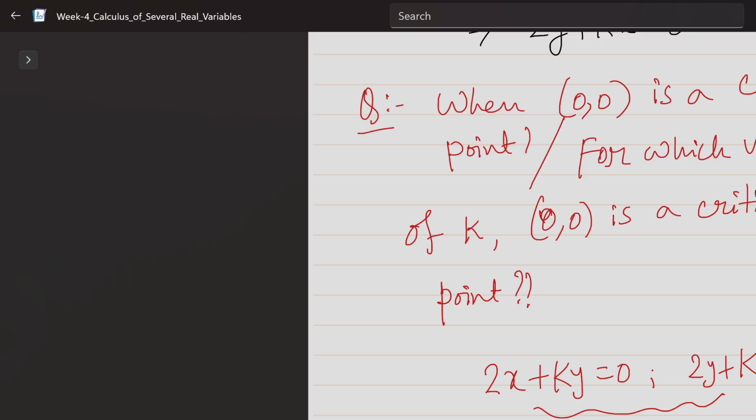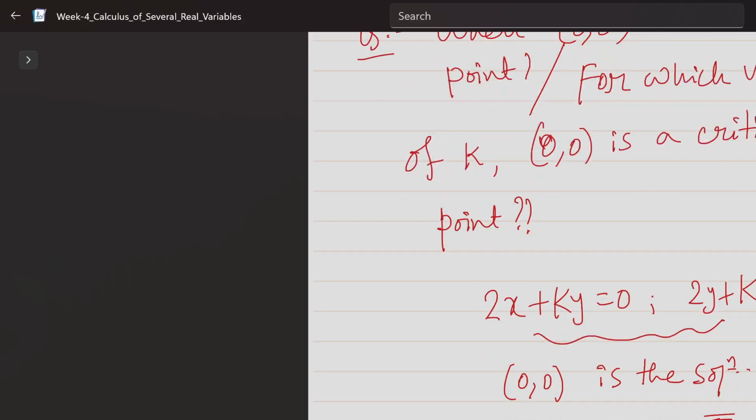If you are putting k equal to plus 2, then 2x plus 2y equal to 0. That means x plus y equal to 0. But can you say that 0, 0 is the only solution?